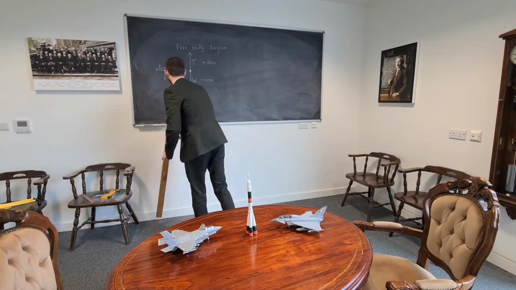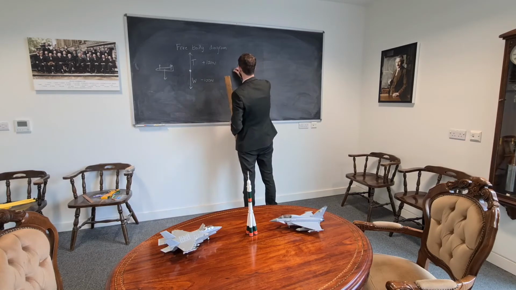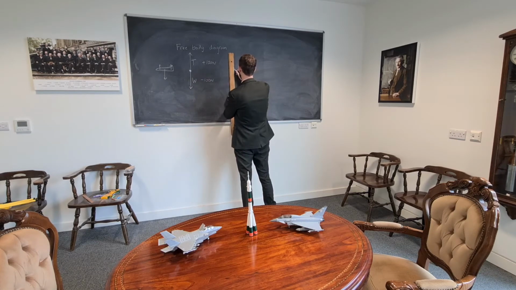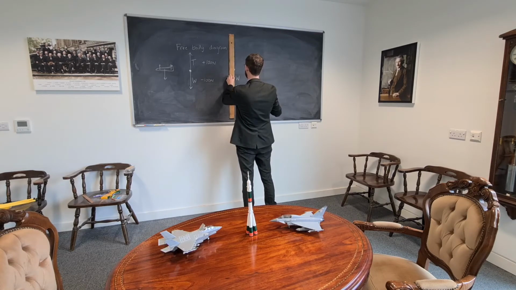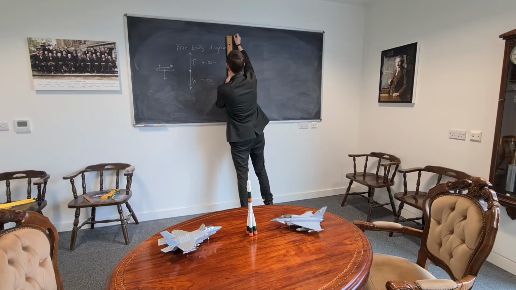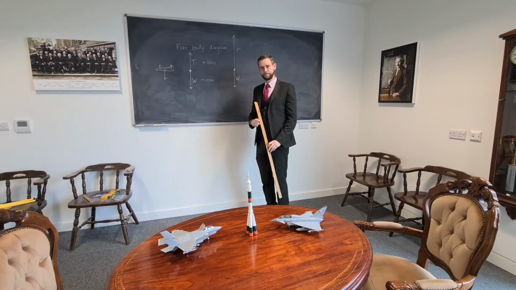What's going to happen with the Soyuz rocket is it's still going to have its weight acting down, so we draw the middle of the free body diagram and say it weighs the same as the aeroplane, which I'm sure it doesn't. But now, and there is capital W for weight, now it's going to have a much larger thrust than weight.